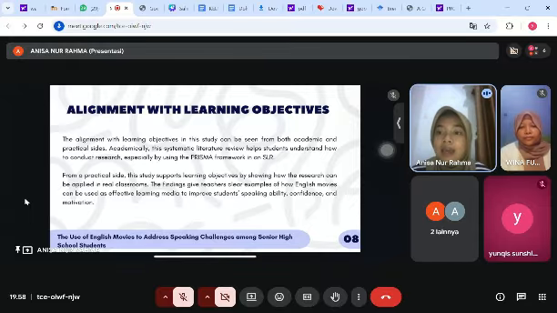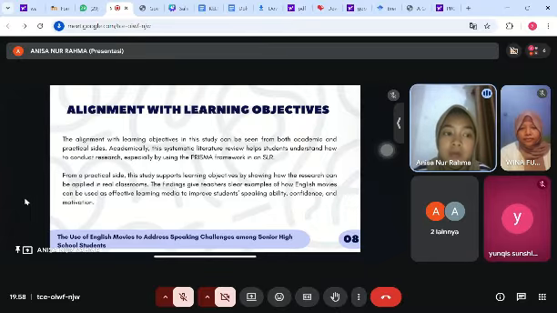By reading, analyzing, and combining previous studies, students improve their critical reading skills and learn how to evaluate research findings. They also gain a clearer understanding of common speaking problems faced by EFL senior high school students and improve their academic writing skills by linking research questions, results, and conclusions in an organized way.